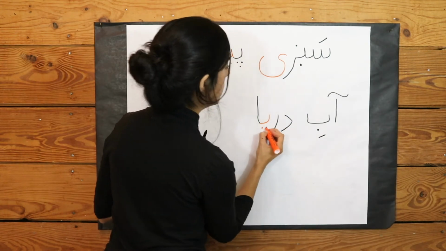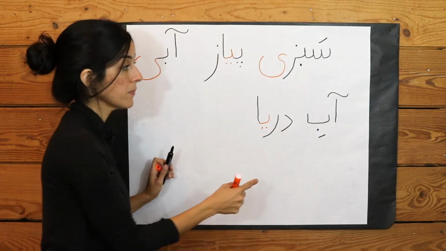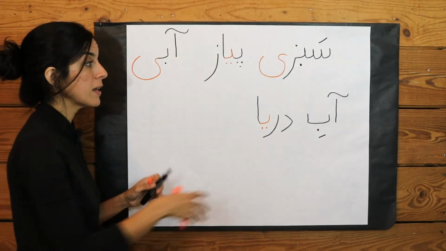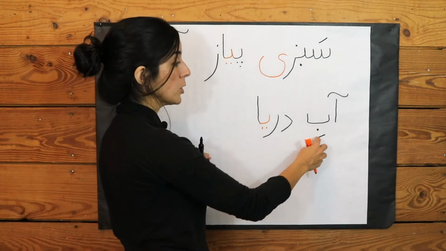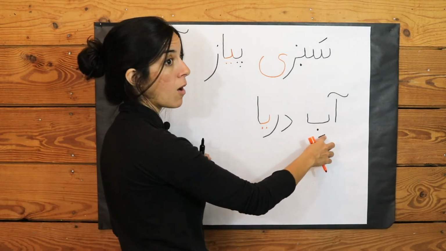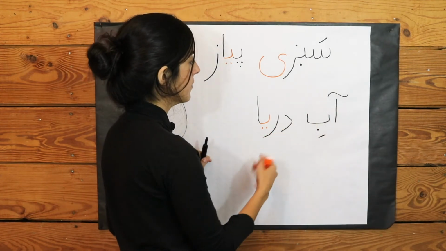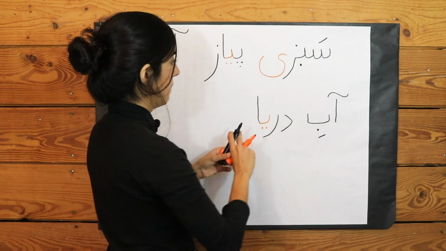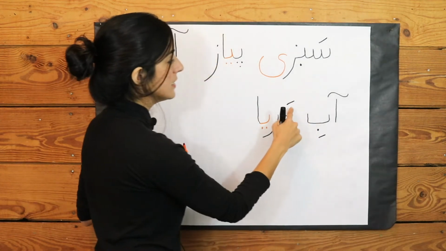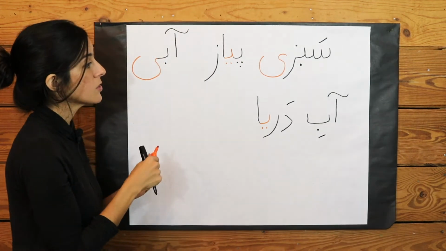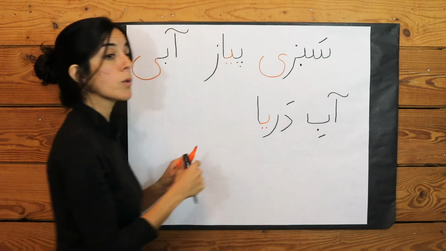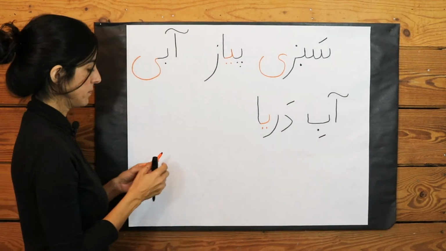An a with a b is ob, and this is a vowel that we haven't focused on yet, but you should know if an accent comes below a word, it becomes ab. Ab, de, re, ye, a becomes darya. So ab, darya, and darya is the word for ocean.